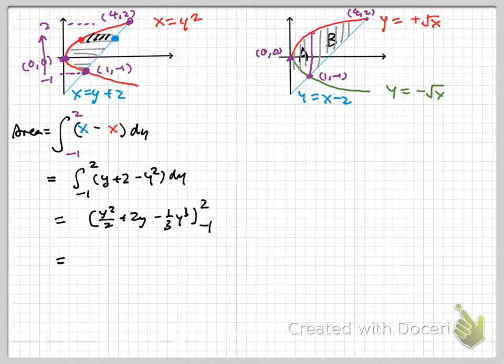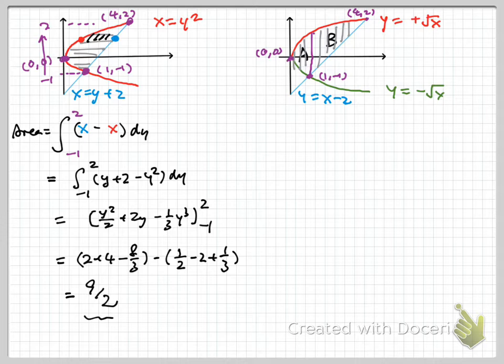So that would be 2 plus 4 minus 8 over 3. That is when y is 2. Subtract from it when y is minus 1. That is 1 over 2 minus 2 plus 1/3. Alright. If you add all of them up together, that goes to 9 over 2. Alright. That is the area according to the horizontal slicing.